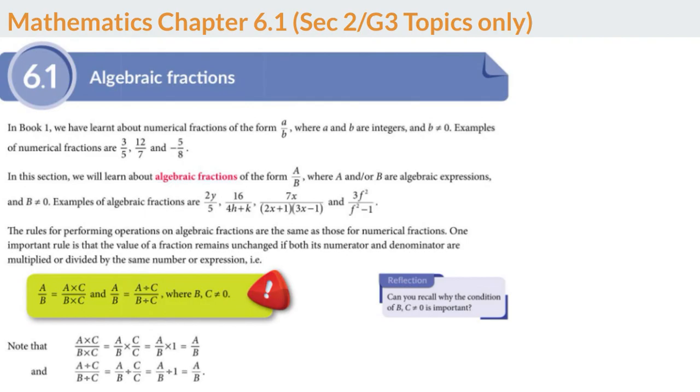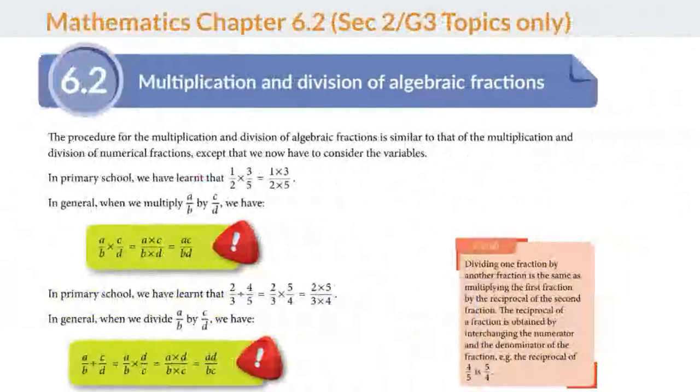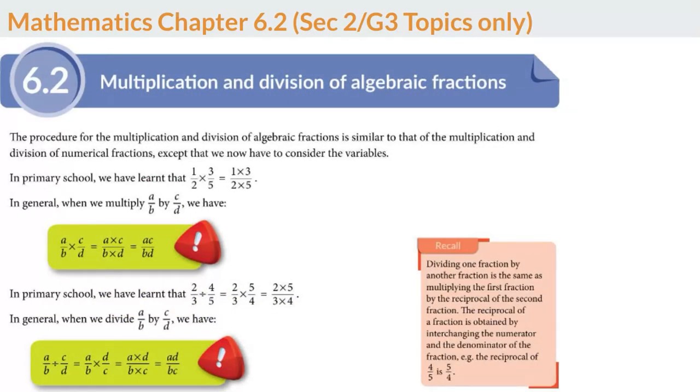Rules only. This is 6.2, which is when you multiply and divide algebraic fractions. If you need to pause the video, please pause it, because I'm going quite fast here.